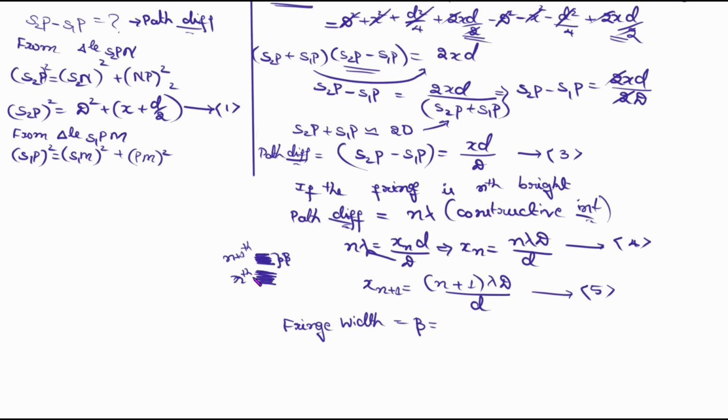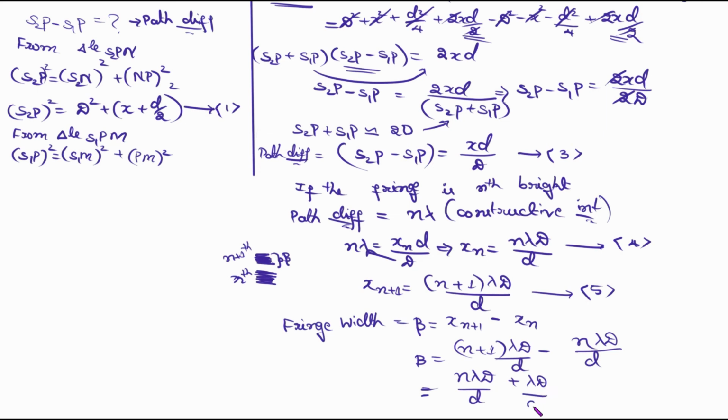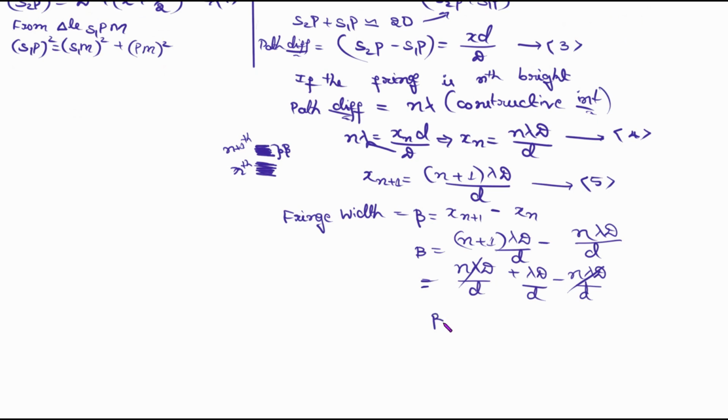If we want the distance between these, what do we do? We subtract this from this. So do x_(n+1) minus x_n. Beta is equal to what comes? x_(n+1) is (n+1) lambda d by d, minus x_n which is n lambda d by d. Simplify, multiply the bracketed terms: n lambda d by d plus lambda d by d minus n lambda d by d. This and this will get cancelled with each other. What remains? Just beta is equal to lambda d divided by d remains.